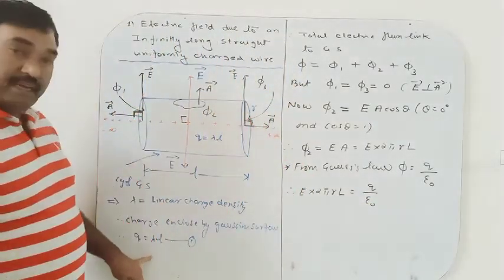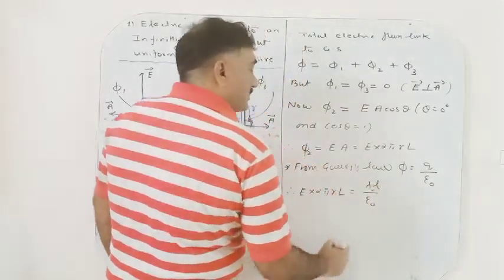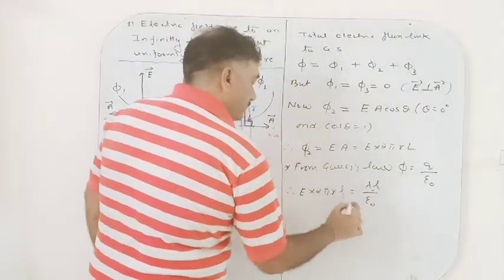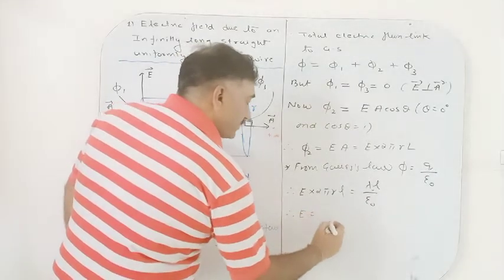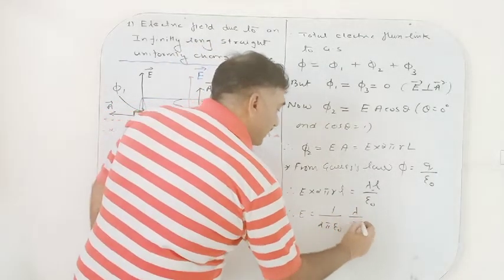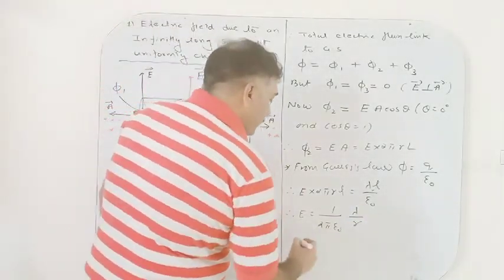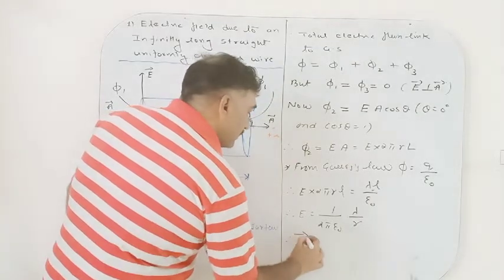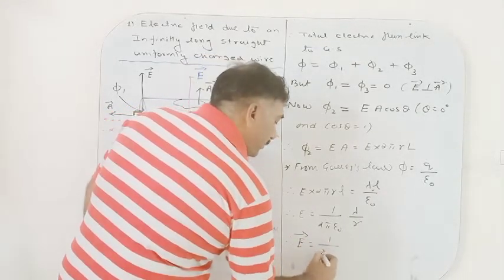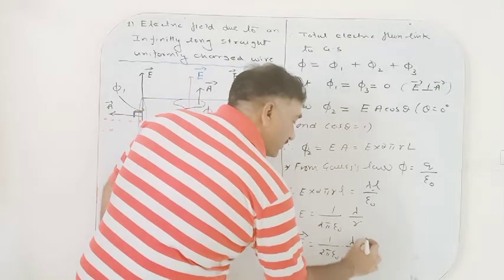Already we obtained, that is lambda into L. So we can write lambda into L, and L cancels from both sides. So the electric field becomes 1 upon 2 pi epsilon 0 lambda divided by R. And in vector notation, E vector is equal to 1 upon 2 pi epsilon 0 lambda upon R in the direction of R caret.